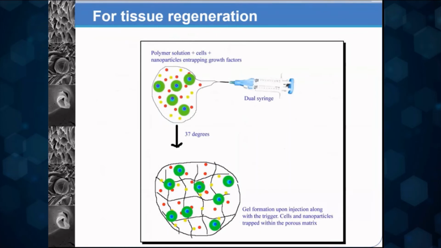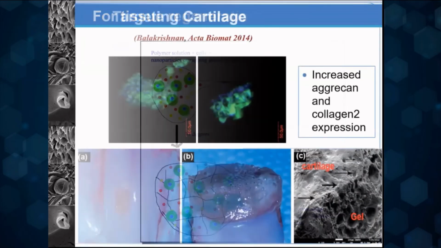And it's not just restricted to drugs. This in situ gel concept can well be used for growth factors and cells. So that's where you can use this for tissue regeneration purposes. In this case, what you're trying to do is mimic the extracellular matrix of a particular tissue, whereas you are also providing the growth promoting agents, release of bioactives, and cells.